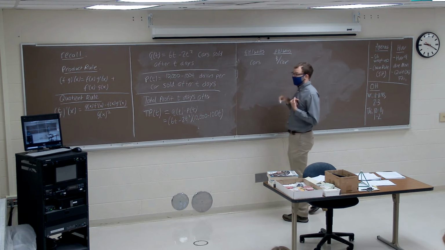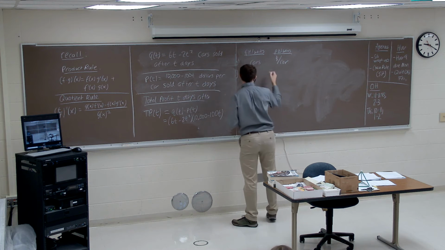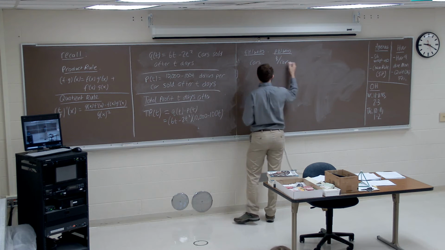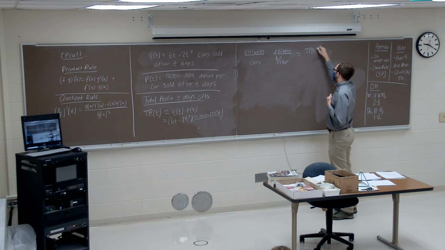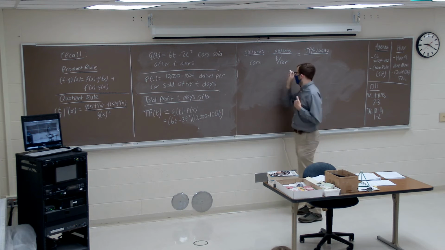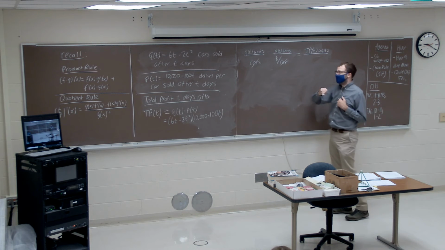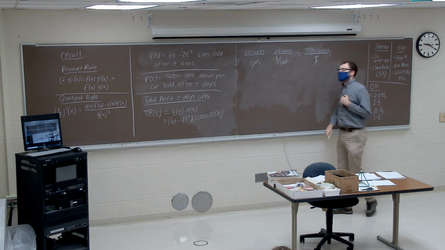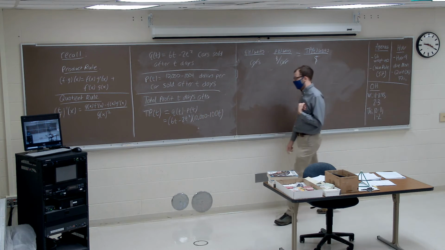And if we want to find the units for total profit, which is Q of T times P of T, that's going to give us our total profit units. If we multiply cars by dollars per car, the cars in the numerator and denominator are going to cancel out, and we're just going to be left with dollars as our final unit here.